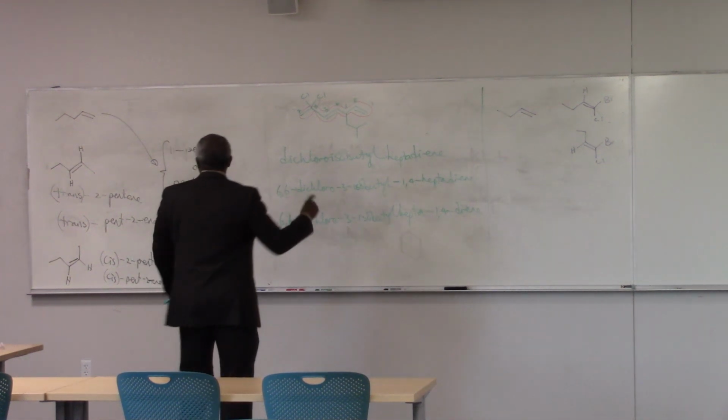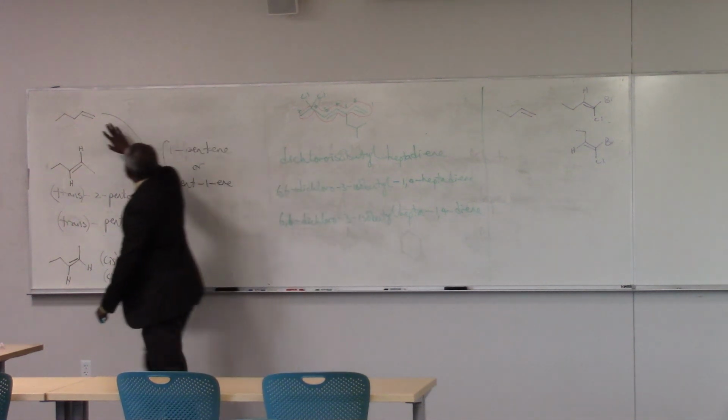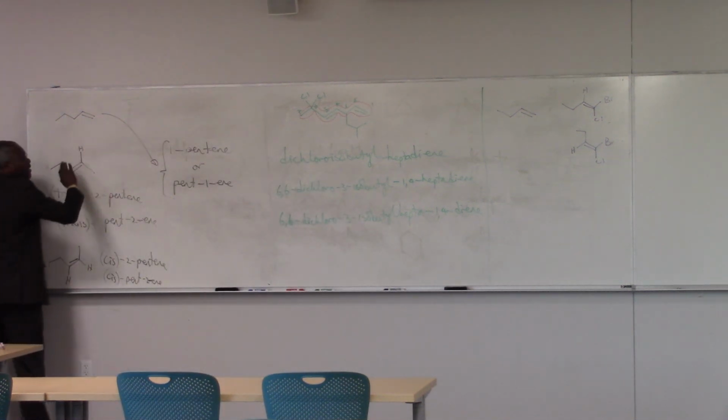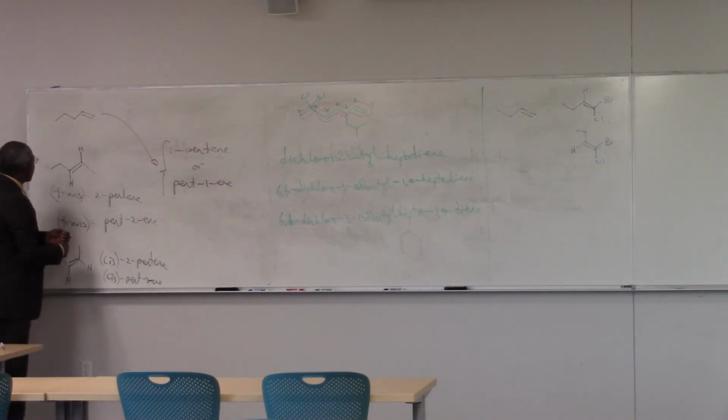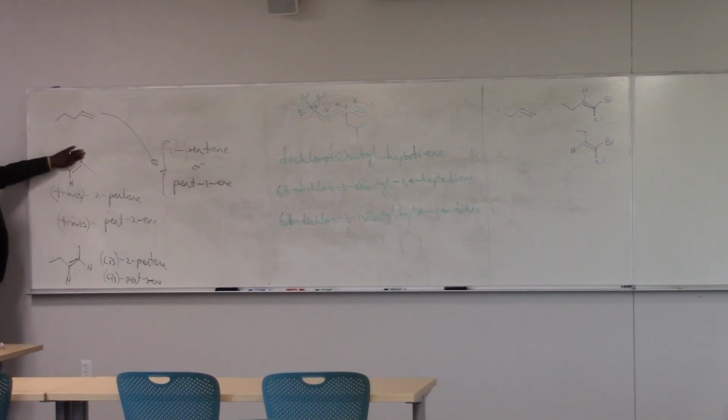So now, when I look at this compound, this had two H's, so there was no cis or trans possibility. This one had two different groups. It has methyl and H, those are different. This has ethyl and H, those are different. So geometric isomerism is possible. I got a trans and a cis.